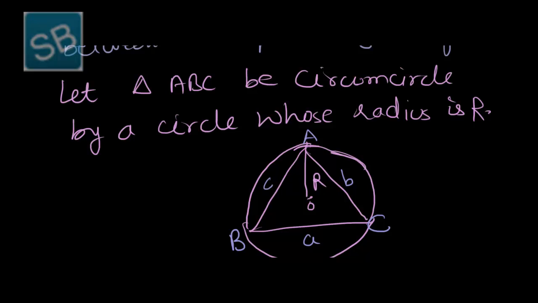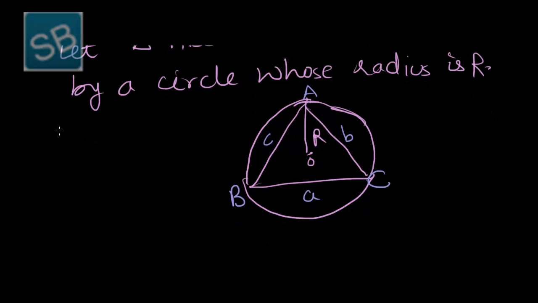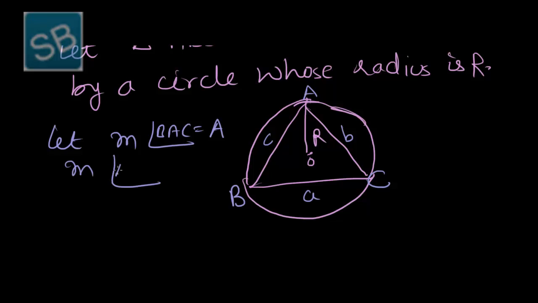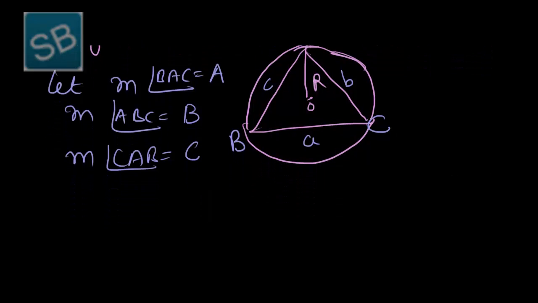So let the measure of angle BAC be equal to capital A, the measure of angle ABC be equal to capital B, and the measure of angle ACB be equal to C. These are the general properties of a triangle.